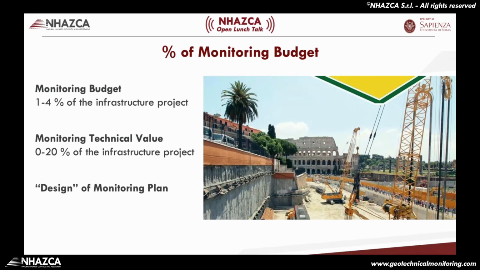And another interesting point is the last one that I was mentioning before, the design of the monitoring plan. I'm observing over the last really few years, and I would like to get some comments at the end of this, that the design of monitoring plans for construction projects, but also for maintenance projects, is starting to rise.